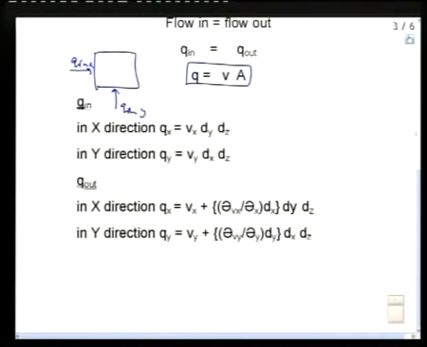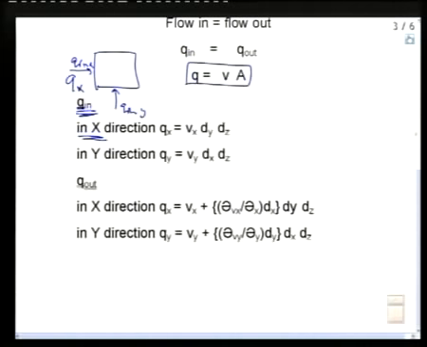These are the Q in. So let us put it this way: Q in means the flow inside, and I have it in 2 directions. In the x direction, I will call it Qx.